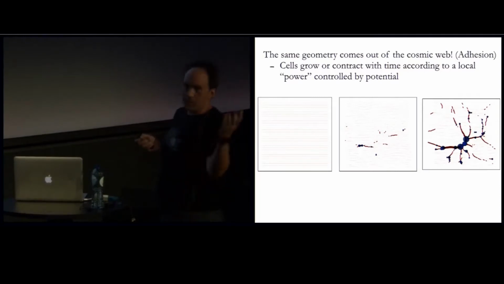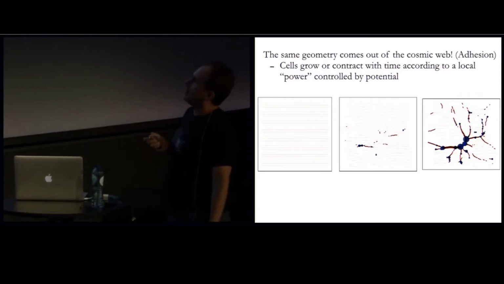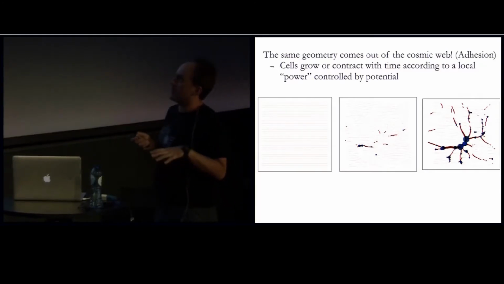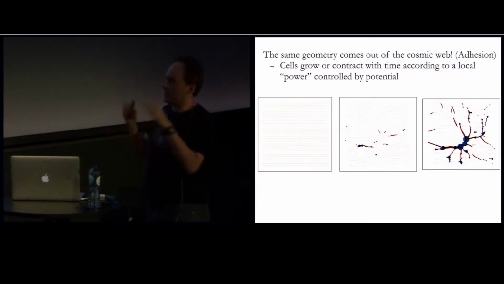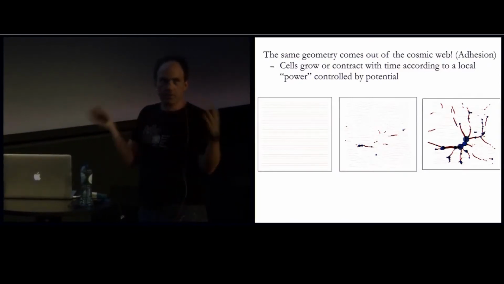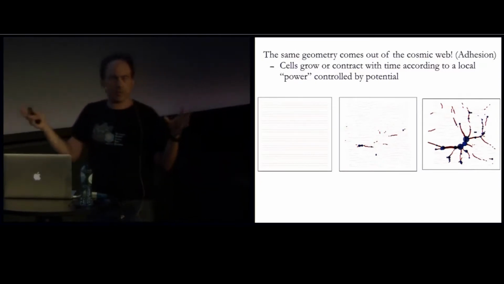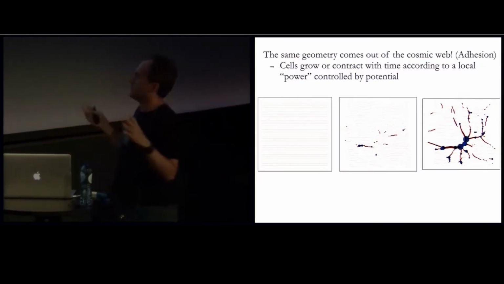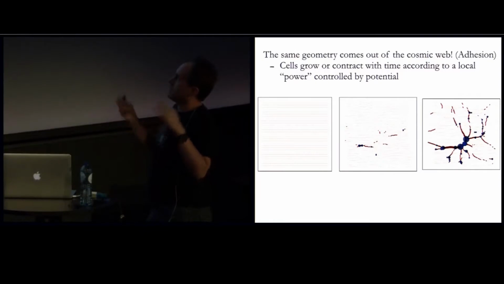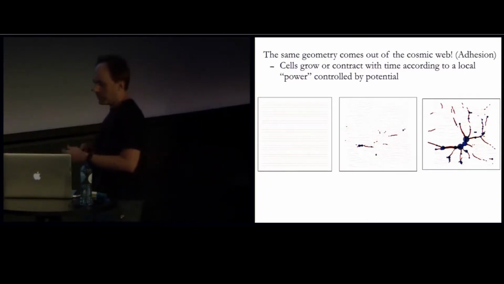As Johan described very well, in this adhesion model, we have a bunch of cells that start out uniformly. Based on the gravitational potential, some of these cells expand in co-moving coordinates, subtracting off the expansion of the universe, and some of them contract, and eventually some of them disappear from the whole grid.